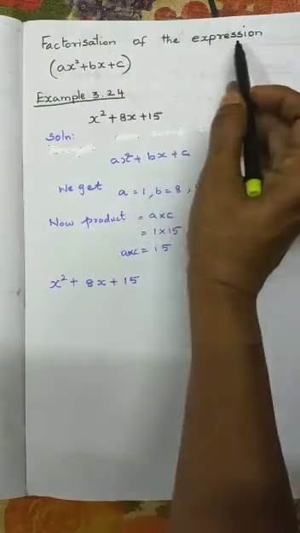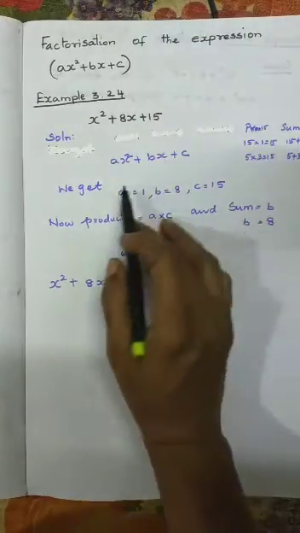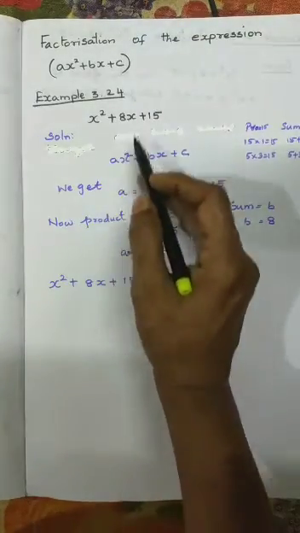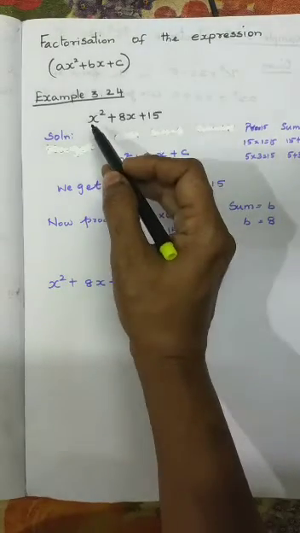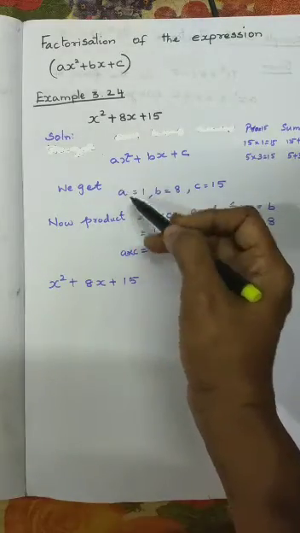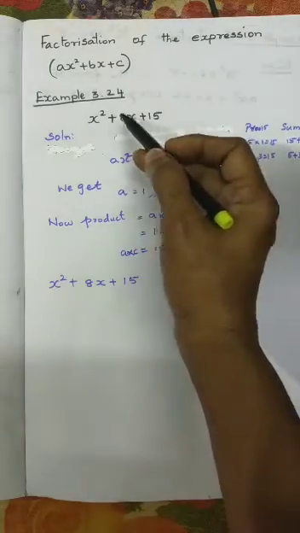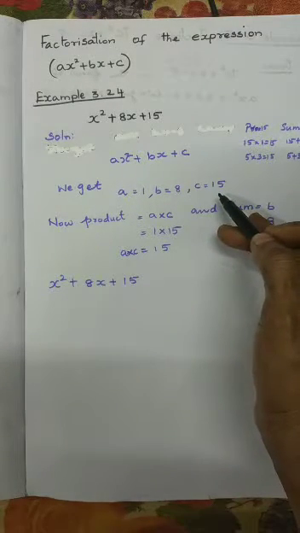You have to take the expression as ax square plus bx plus c. Here a is 1. That is before x square we have 1. So a is 1. B is 8. Okay. C is 15.